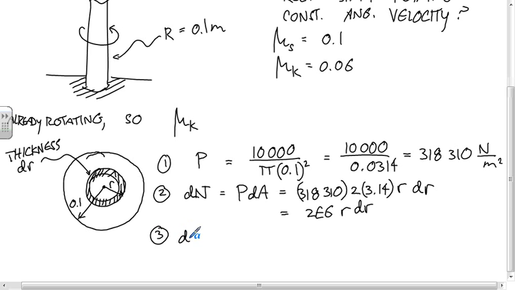So the increment of the friction force is 0.06 times, so it's the coefficient times the normal force, or times the increment in normal force.